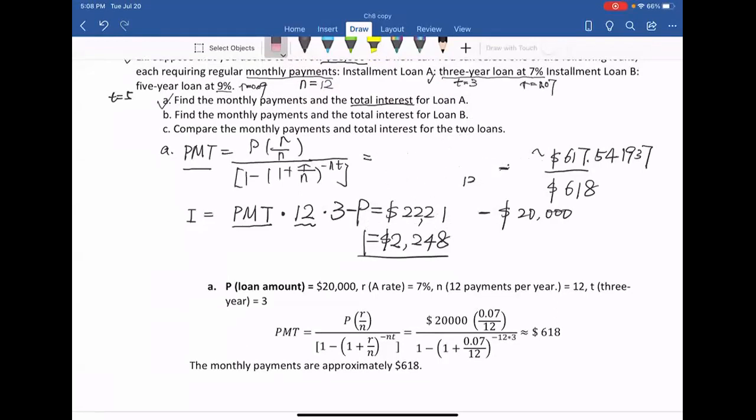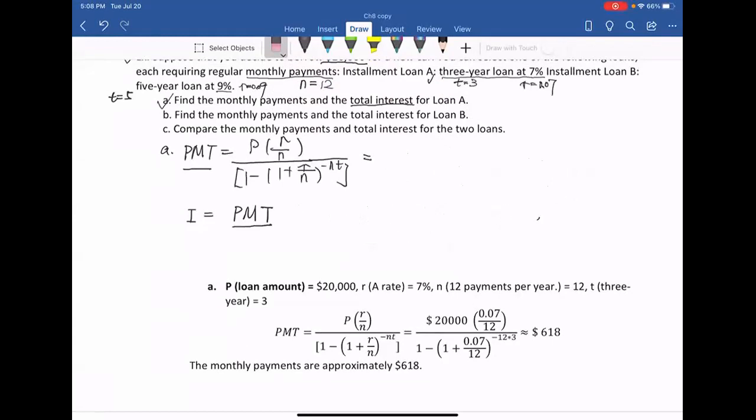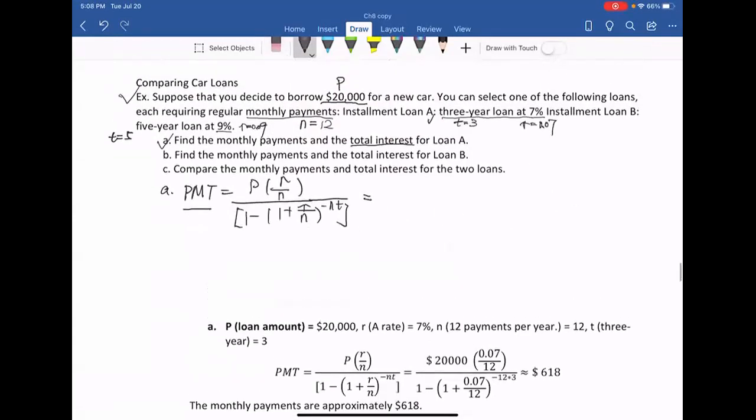Okay, we can erase this part, and the interest part we can keep. Okay, I just list the number there. So the P, that's the loan we borrowed, is 20,000 times R over N. R for number B is 0.09 over 12 because you pay monthly.